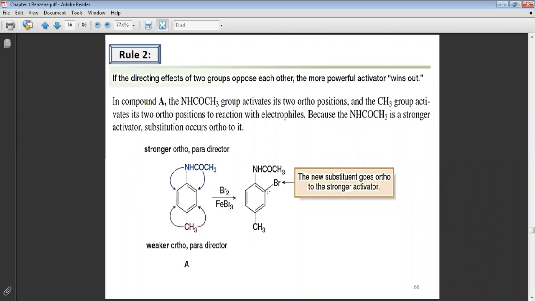Okay? Resonance is stronger than inductive, because resonance gives a more stable structure, more resonance.